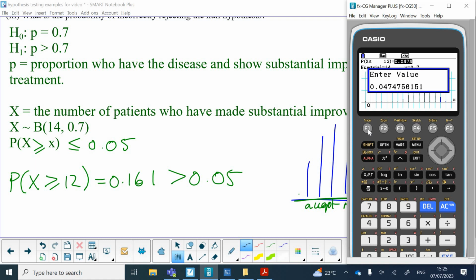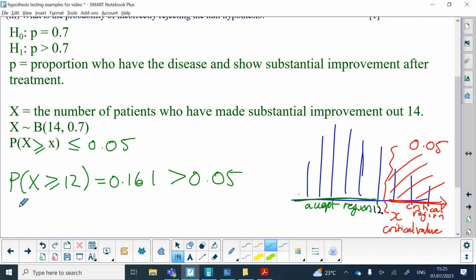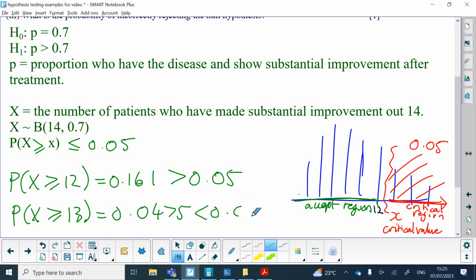0.0475. So we've got the probability that x is greater than or equal to 13 is 0.0475, which is less than 5%. Now I have to write this working out down because this is proving that 12 isn't big enough, but 13 is big enough.